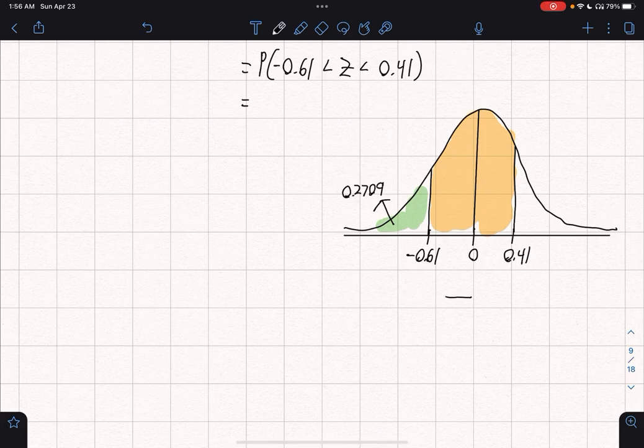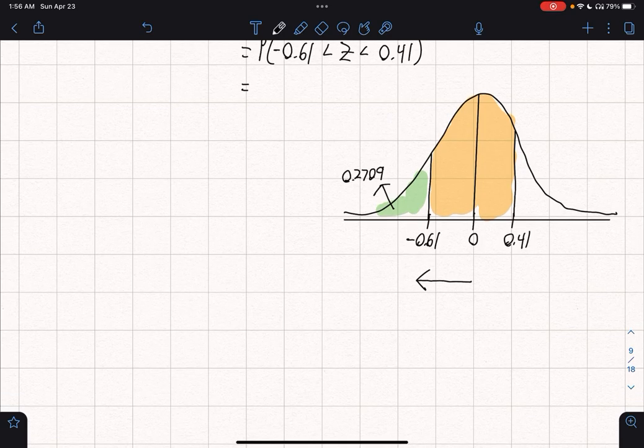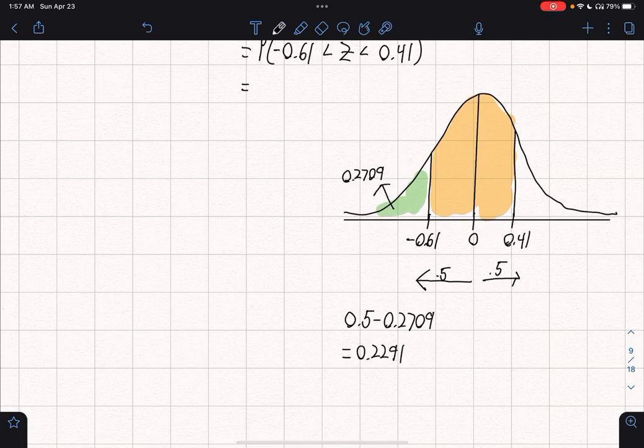Well, because I know that it's always 50% to the left of 0, I could say 0.5 minus 0.2709. This is always 0.5, just how it's always 0.5 to the right. It's going to be 0.2291.